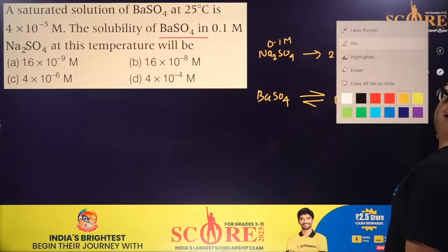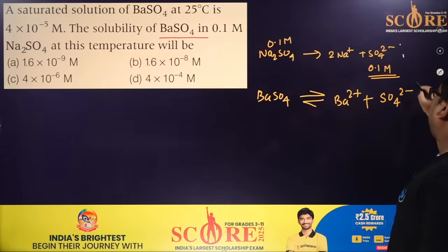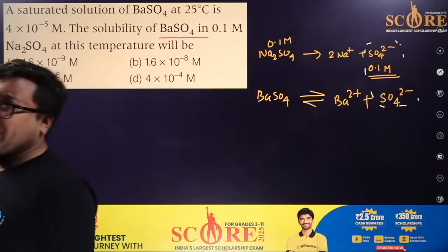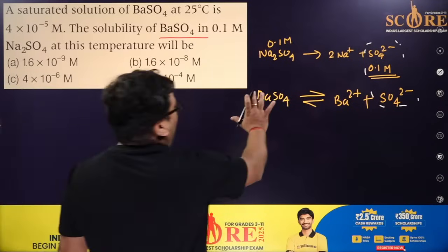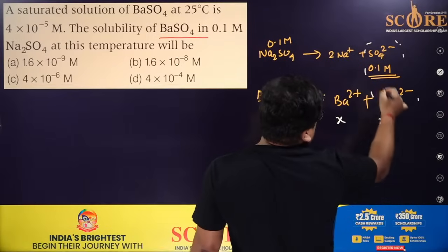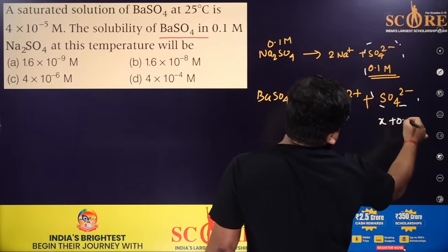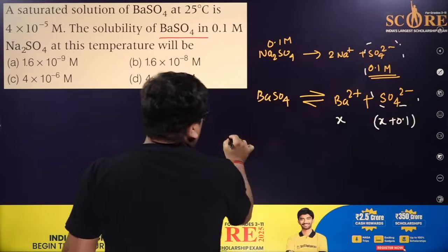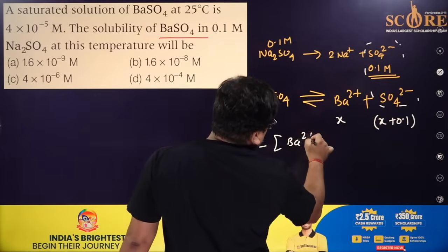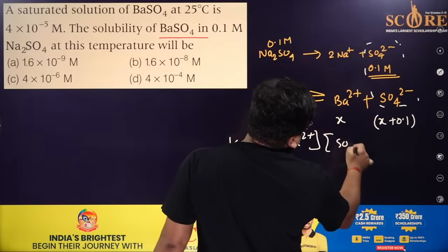Due to the common ion effect, its solubility reduces more. Let's suppose the sulfate obtained from barium sulfate is X. So this is 0.1, and Ksp is still the same: barium 2+ into sulfate ion.